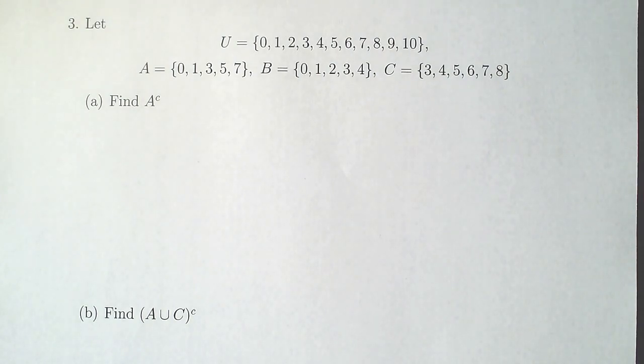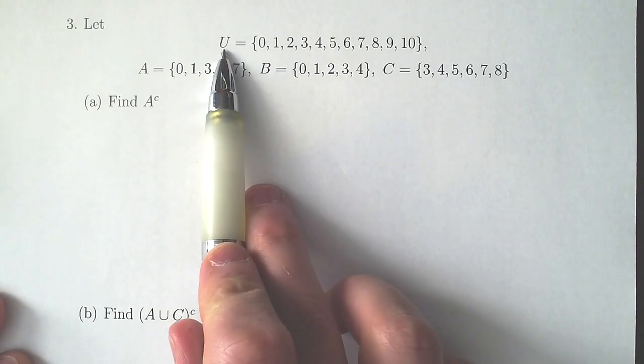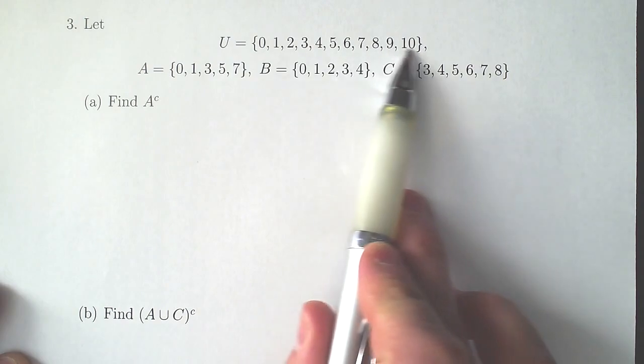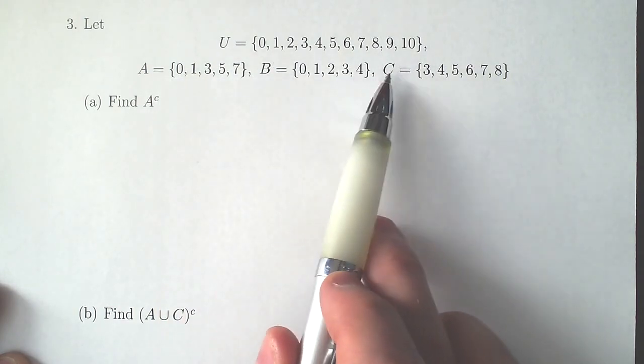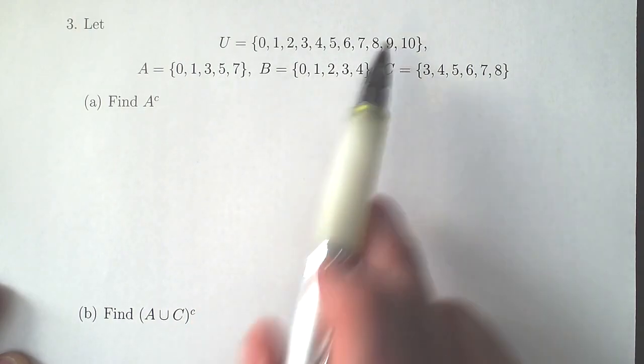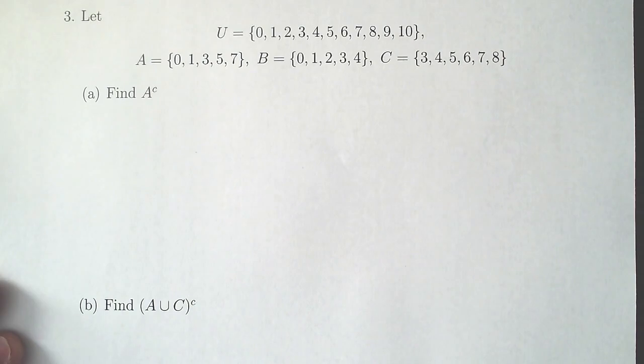I think it was 3.3, where we talked about union and intersection and complement. So you have to know what those symbols mean. And all right, we have U, A, B, and C. I think U looks like it's the universal set. A, B, and C are all subsets of U. They're all smaller subsets of U.